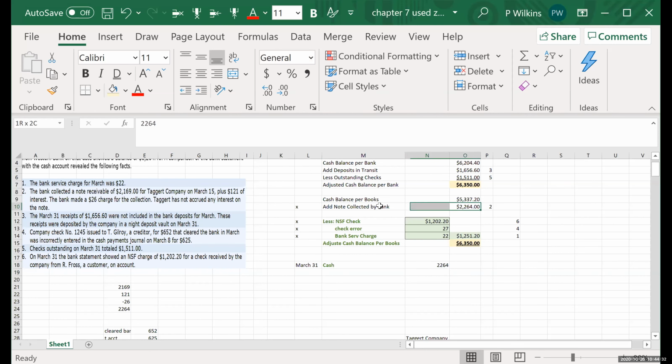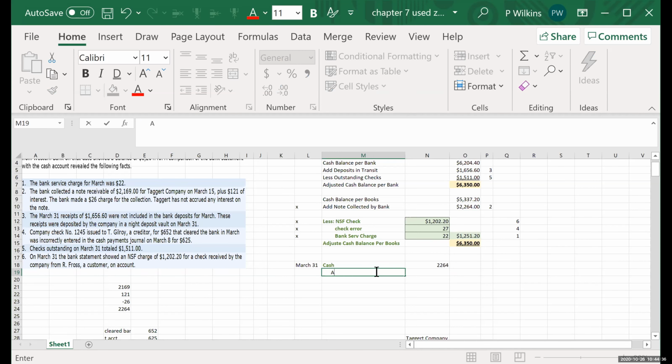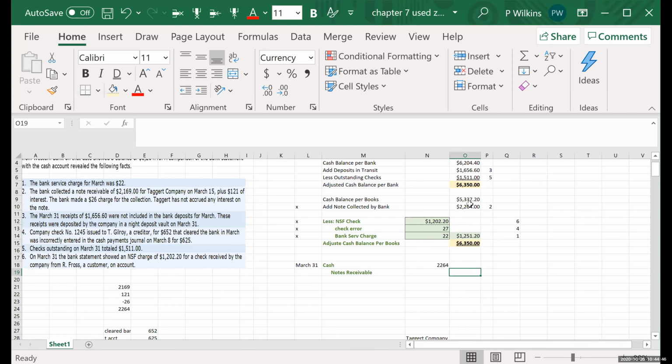That's for this note collected, right? And we are going to credit accounts receivable. Oh no, notes receivable, because it says notes receivable. 2264. Okay. All right. So we have the 2264.